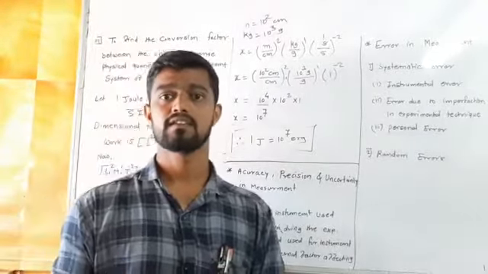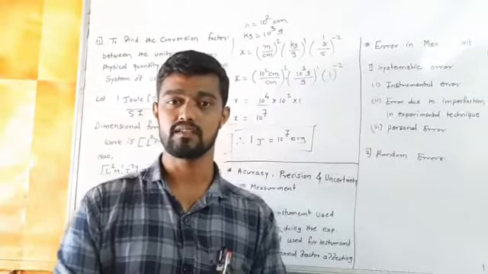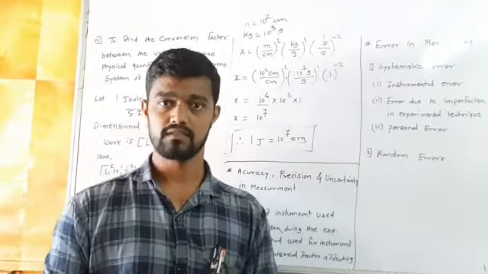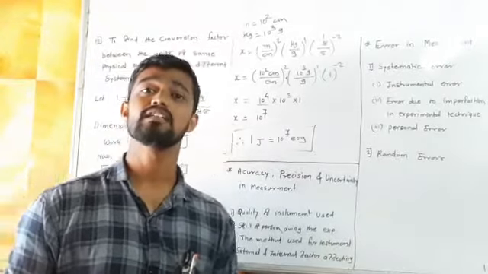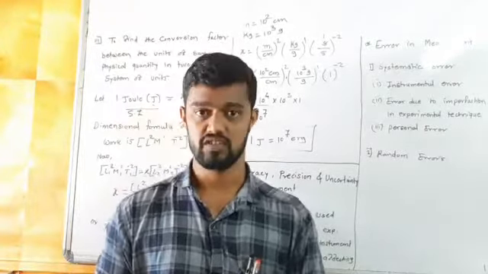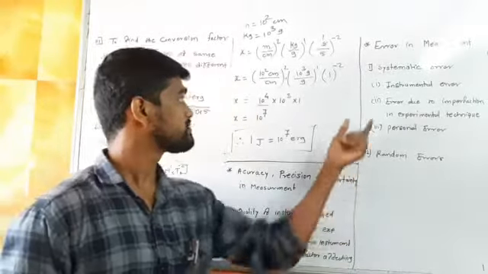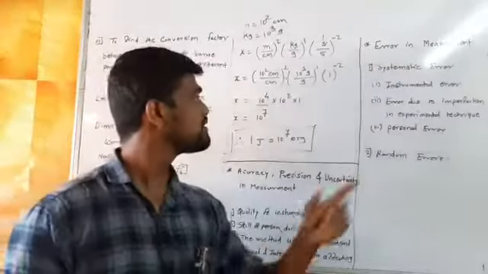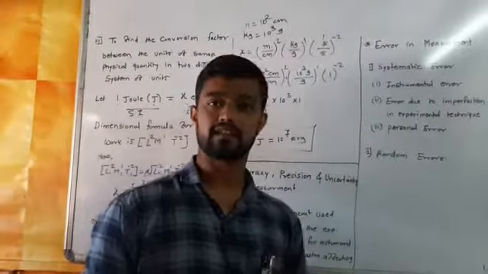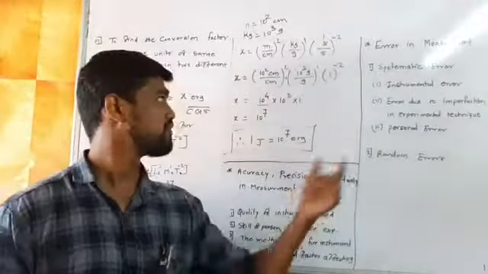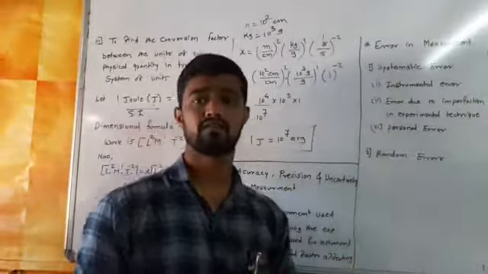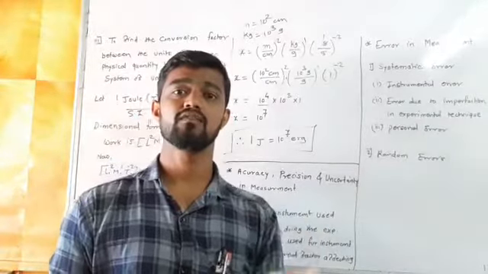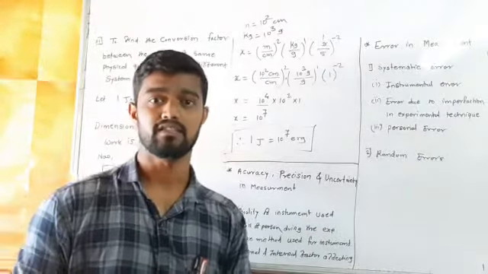What is systematic error? It depends on your system, your instrument, or the person, and random error depends on nature. Next, systematic error has three types. First is instrumental error. Instrumental error depends on faulty calibration.